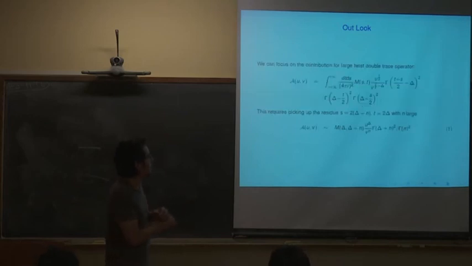For example, we go back to the original Mellin amplitude form, and say I want to probe large S. To probe large S relative to T, you can isolate this Mellin integral along the poles of your gamma function. For example, if I take S equals 2Δ plus N, and T equals 2Δ, that means I will be taking N to be large, such that S is much larger than T.